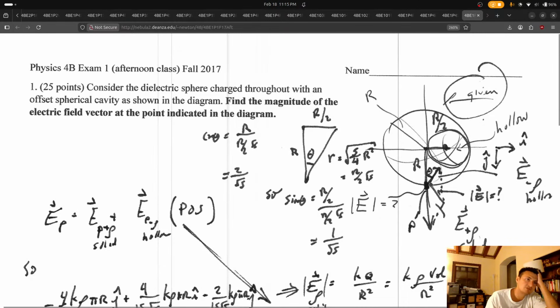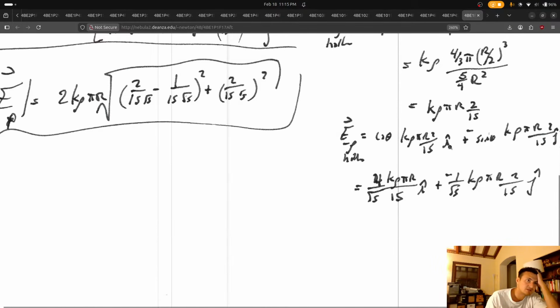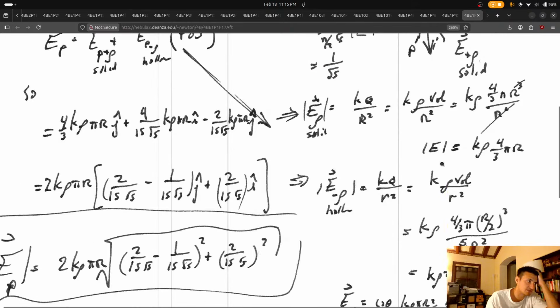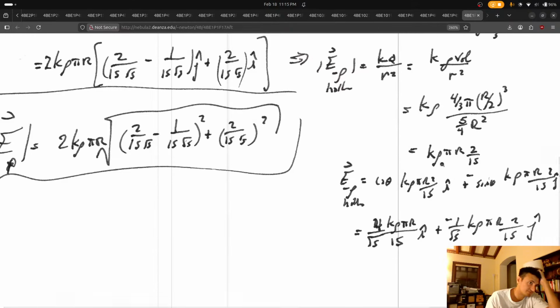The cos, this is theta, so the cos is the j hat, right? What? I think he flipped that around. I'm pretty sure that the cos. Okay.